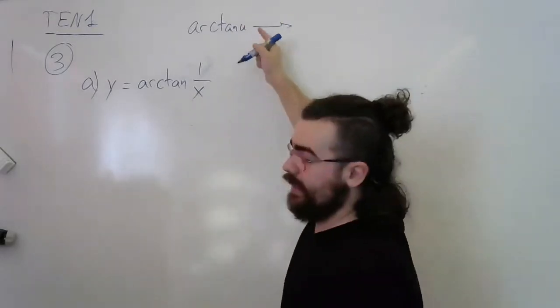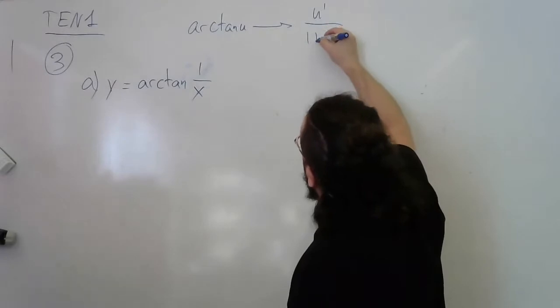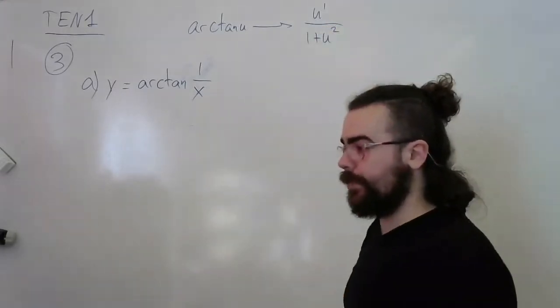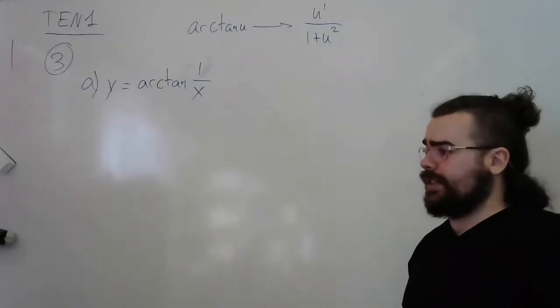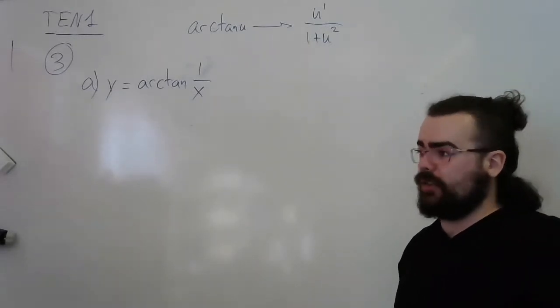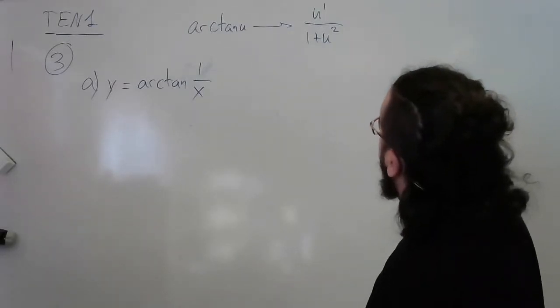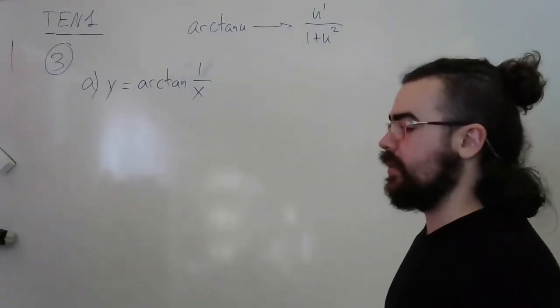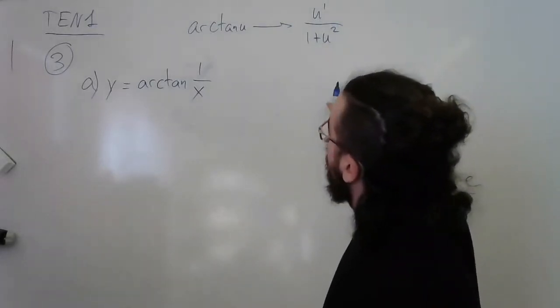The derivative of the arctangent of u, of a function, is u prime over 1 plus u squared. And maybe you're thinking, but Germán, you told us the other day you didn't know this derivative. You lied to us. Yeah, kinda. I pretty much forget it all the time. So it's the exact same thing as if I didn't know it to begin with.